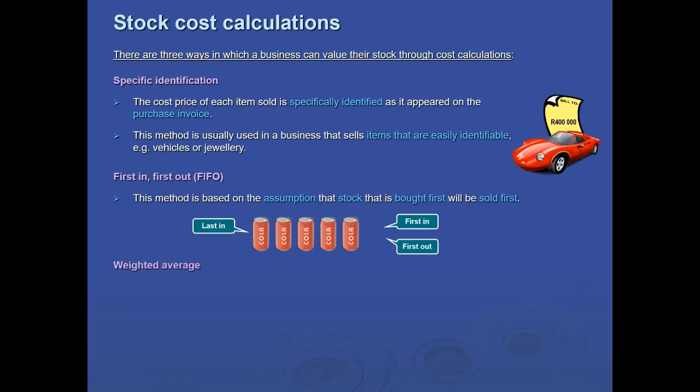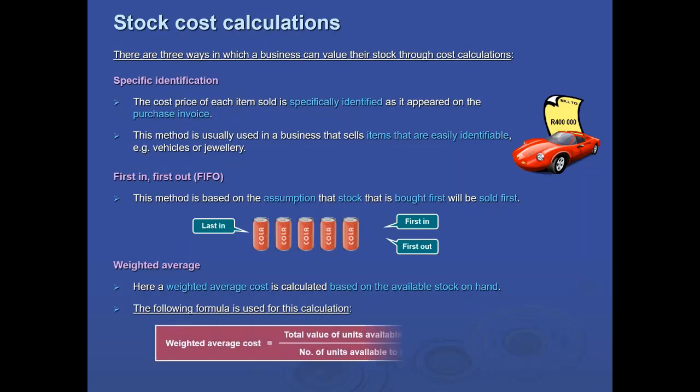Another method that we could use is the weighted average. Here, a weighted average cost is calculated based on the available stock on hand. The formula for this is to take the total value of the units available to be sold and divide it by the number of units available to be sold.